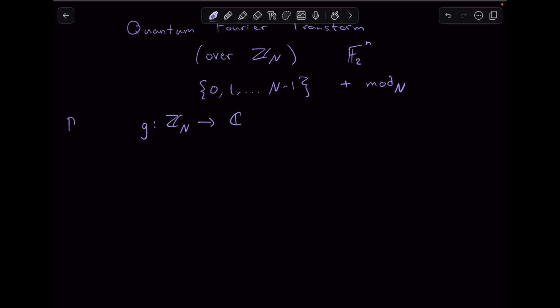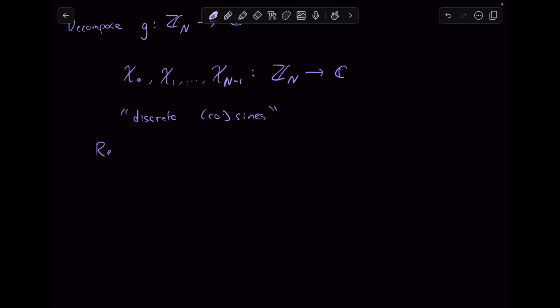So these are like sine and cosine functions, but they only have discrete values as input, and they map to discrete values.